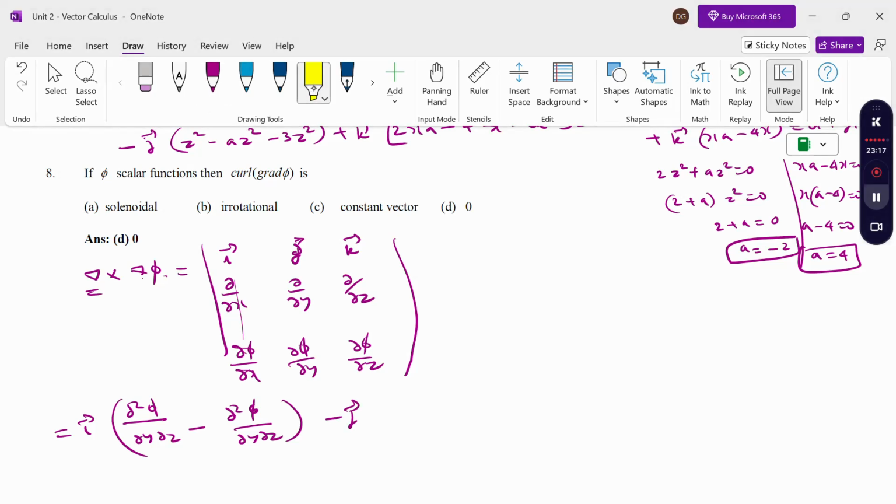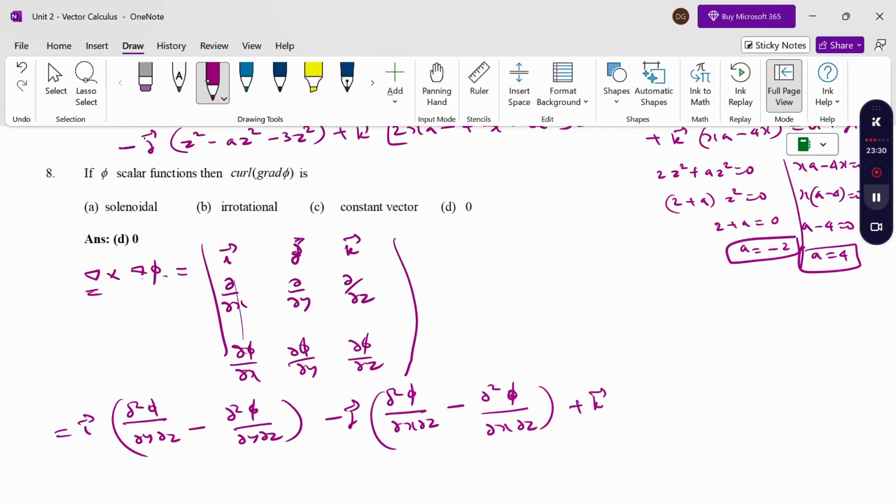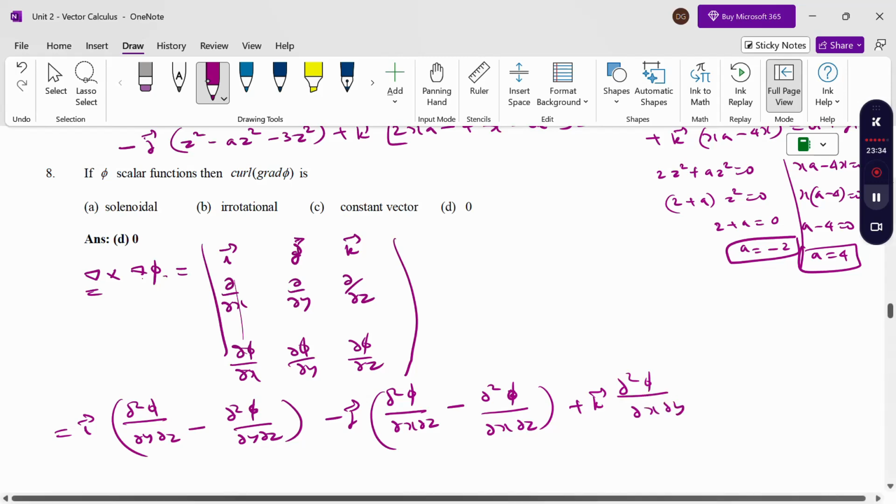Now again leave this column and row, dou square pi by dou x dou z minus dou square pi by dou x dou z, plus k vector, leave this column and row, dou square pi by dou x dou y minus dou square pi by dou x dou y. Every term cancels, so the value is 0. The option is the fourth option, D.